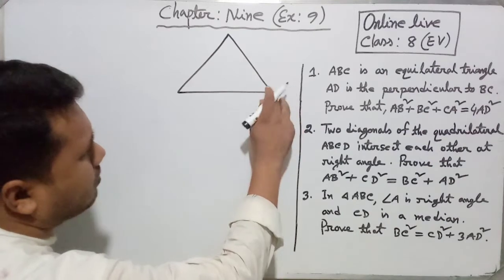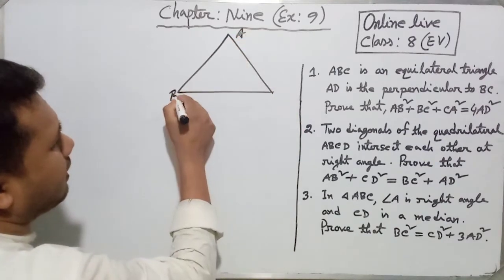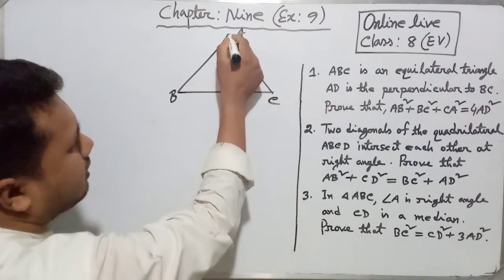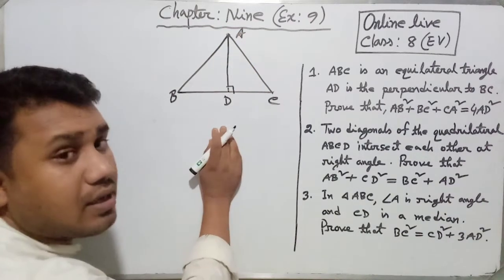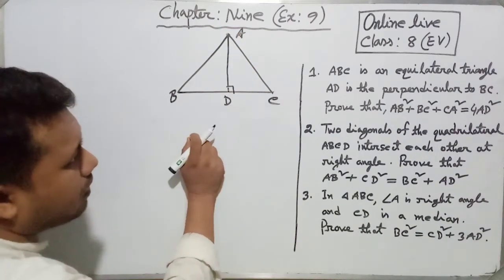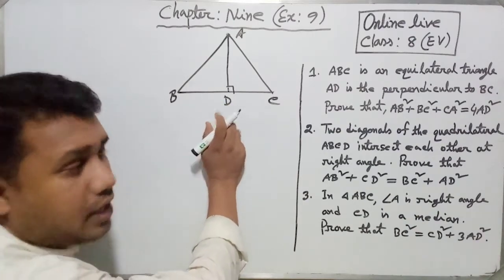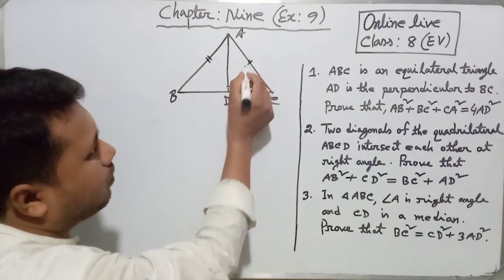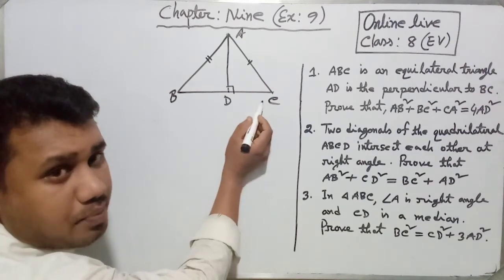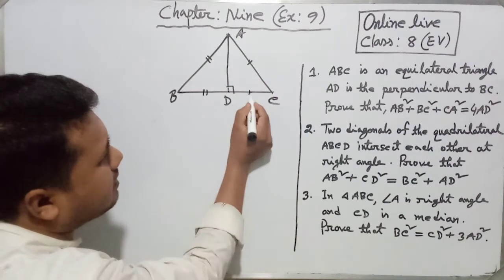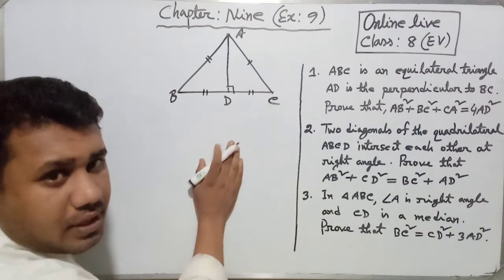Dear students, suppose it is an equilateral triangle ABC and AD, this is perpendicular. Perpendicular means 90 degrees. So AD is the perpendicular on BC, and we know when two sides are equal, the perpendicular will bisect BC. So we can say BD and CD will be equal.